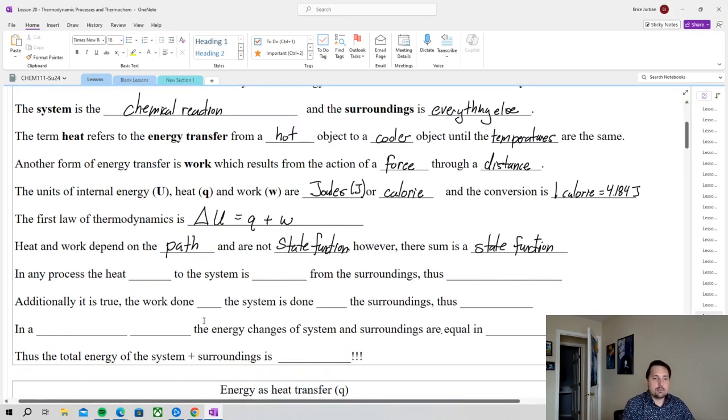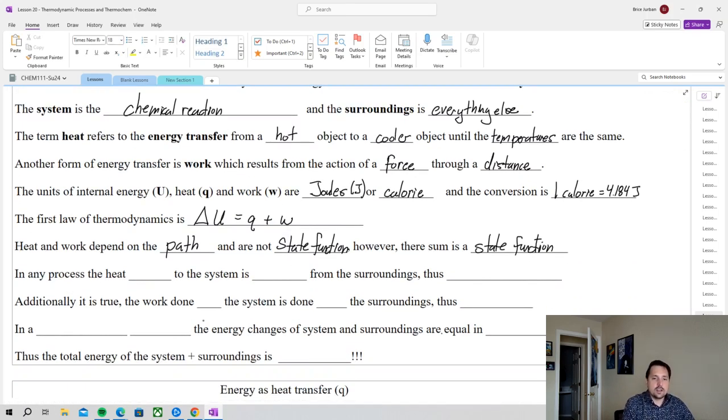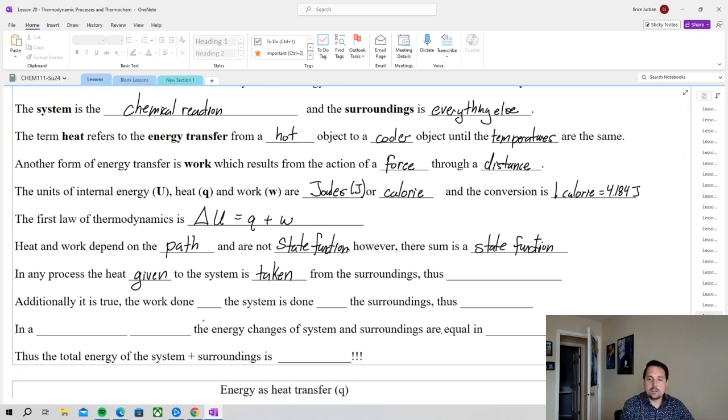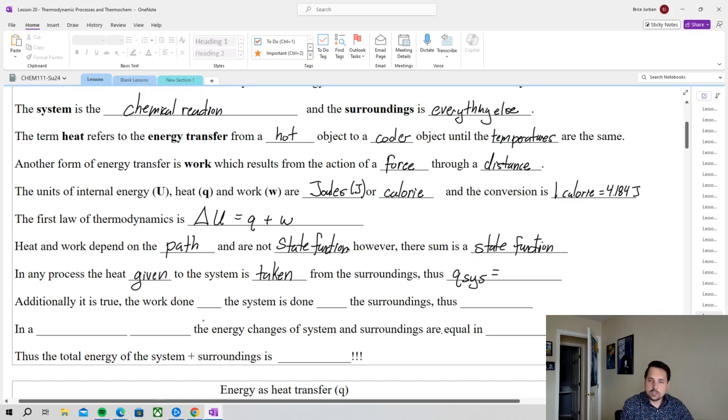Okay, so in any process where heat is given to the system, it is always going to be taken from the surroundings. So you only have the system and you have the surroundings present. So what we can define is that the heat of the system, which is again an energy value, is always going to be the opposite sign but same magnitude of the surroundings. And this is a really important principle that we're going to have to pay attention to.